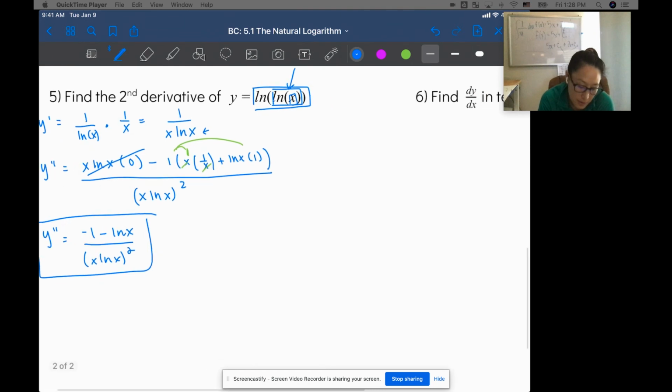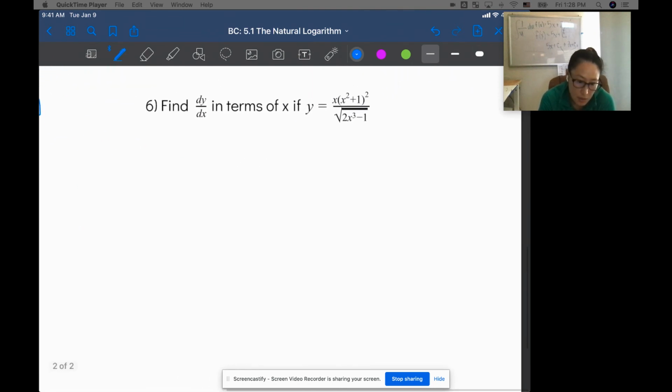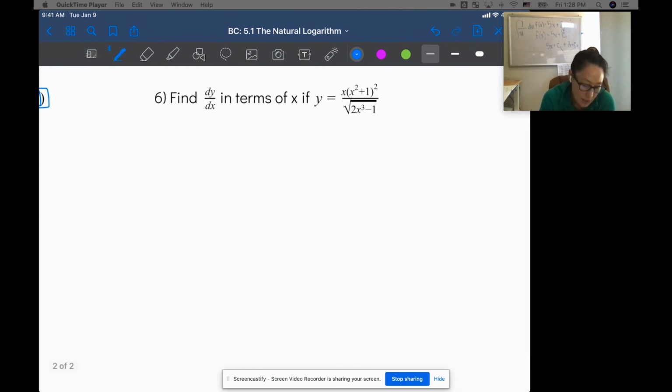All right, number 6. We're going to find dy/dx in terms of x, so any y's that we have left over, we need to swap them out for x's. All right, so let's take the derivative. Okay, there's a little trick here. Because this is so complicated on the right-hand side, what I can do is take the ln of both sides.